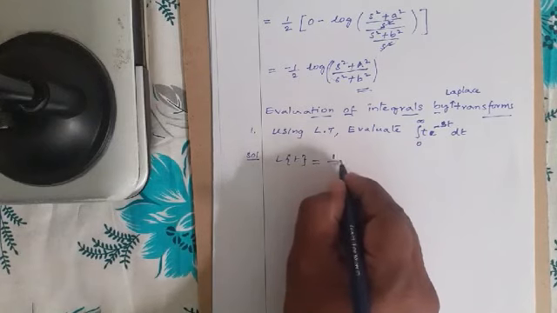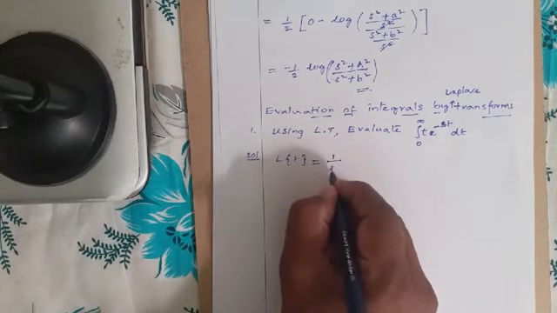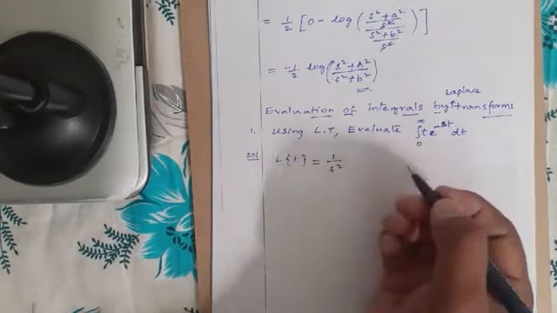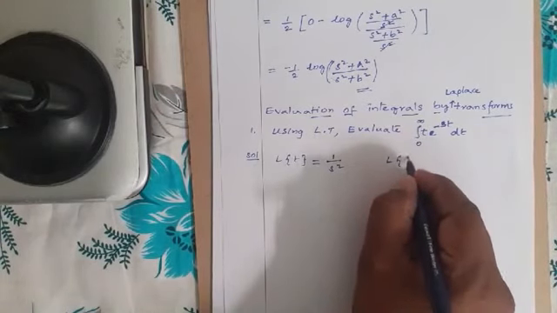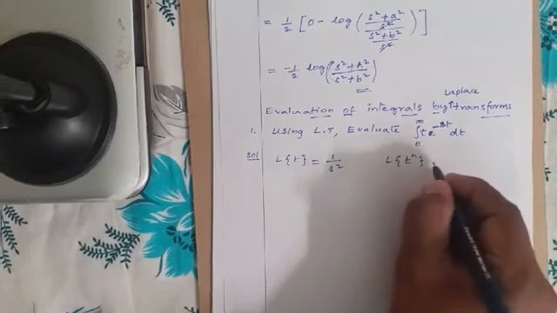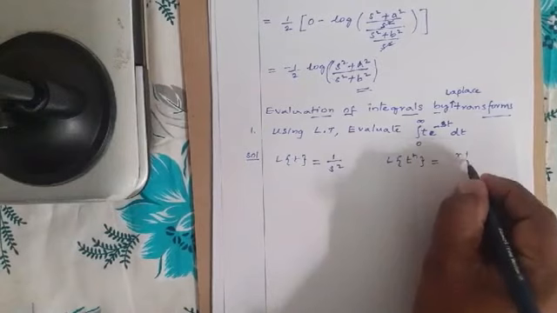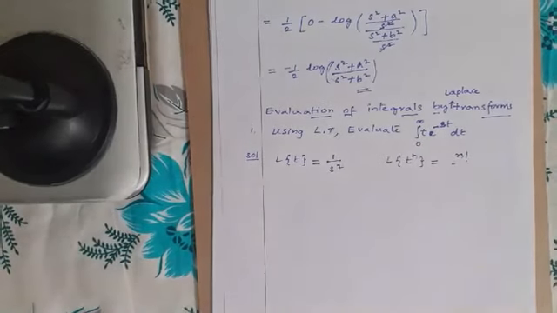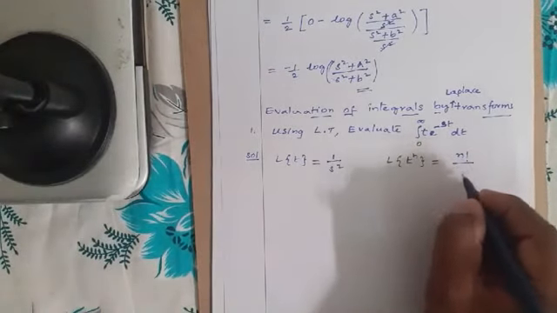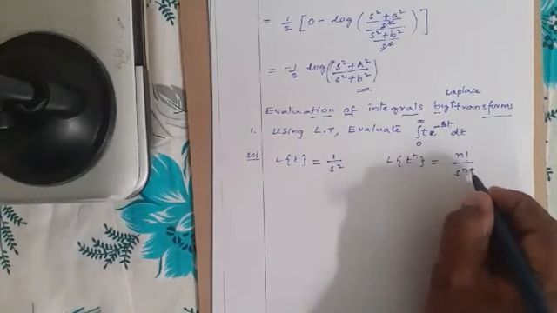So by using that formula, I am writing here that this is equal to 1 upon s square.